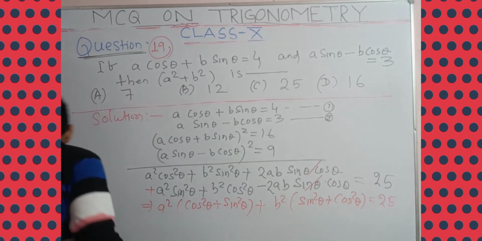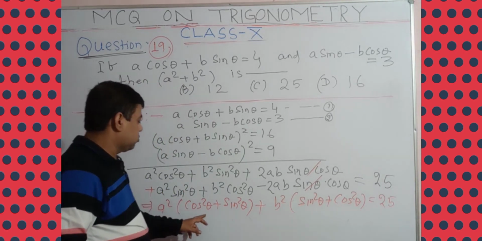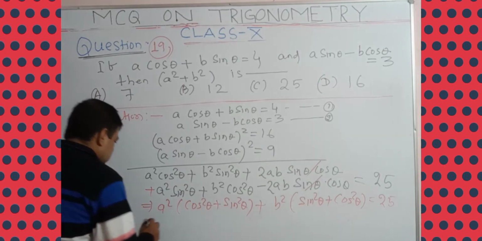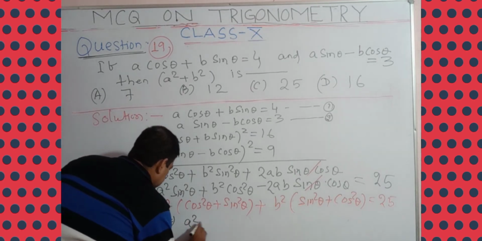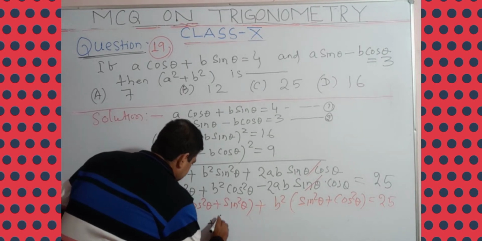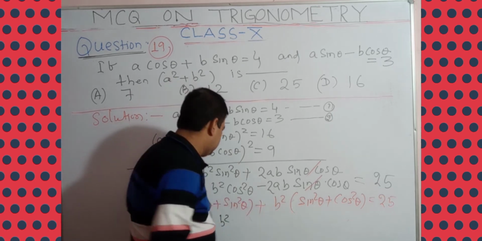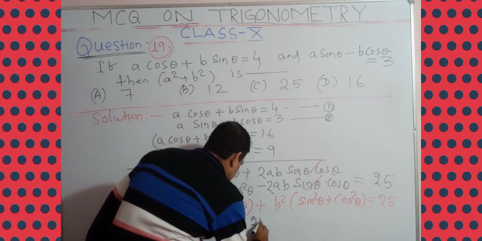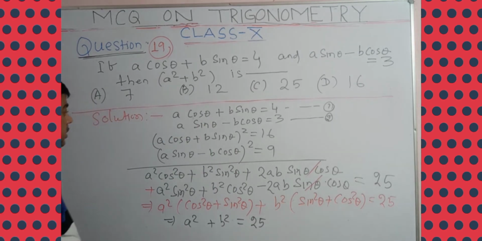Now you can clearly see cos square theta plus sin square theta value is 1, so this factor will be a square times 1 plus b square. Similarly this factor will be 1, and its value is what? 25. So we got the required value.